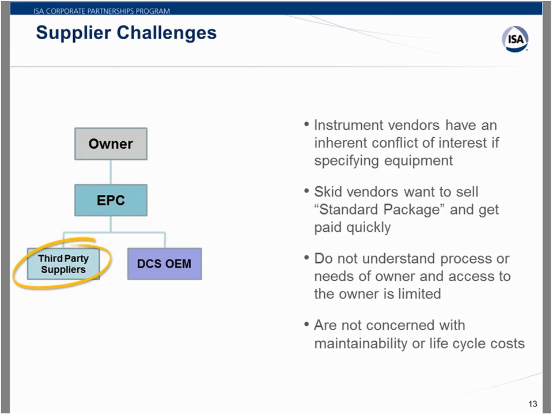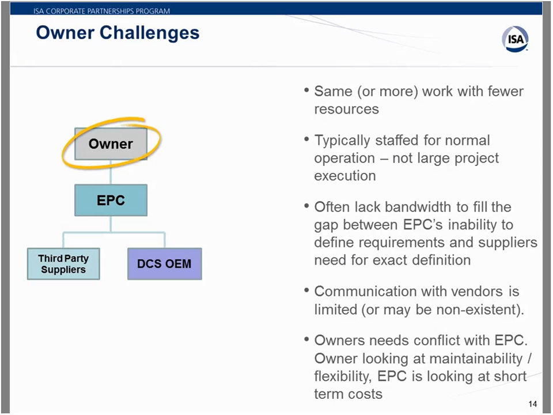And so that takes us back to the poor owner at the top who's paying the checks here. The owner, typically in a large project like this, a plant is sized to operate the plant, and they're really not staffed to handle a very large multi-million-dollar project.